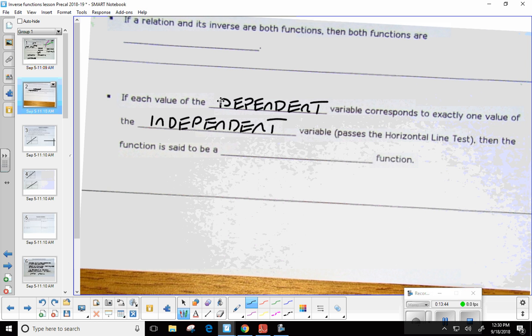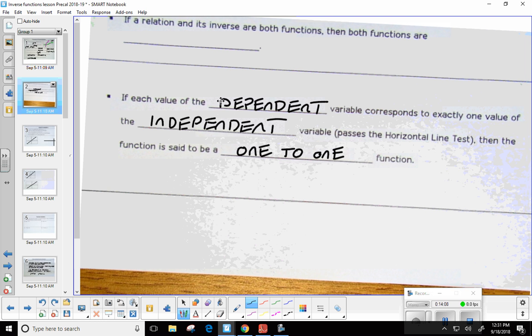Then the function is said to be one-to-one. And that's one thing about inverses. We really, really like our inverses to be functions. That means that no value of x can repeat. All the values of x have to be different, and that's what the vertical line test shows me.